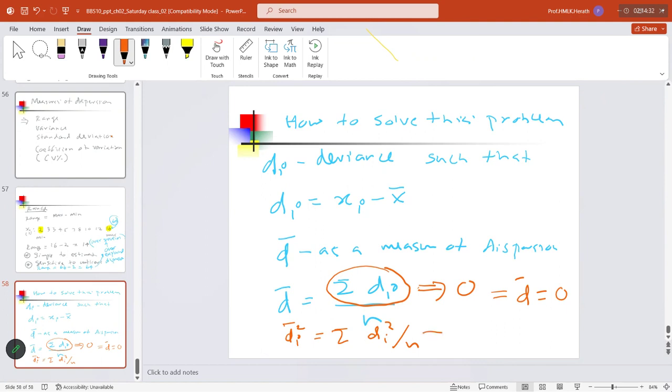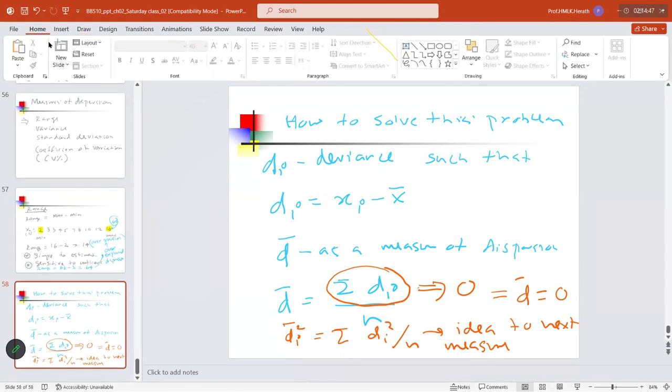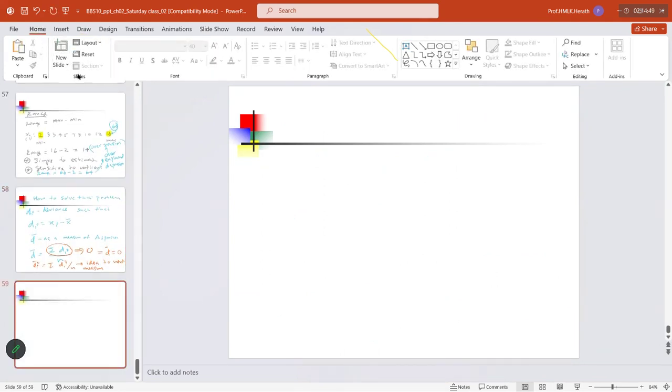So this is the idea for the next measure, right? The next measure is the variance.